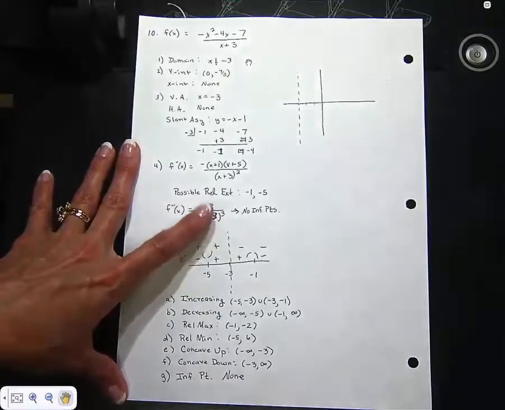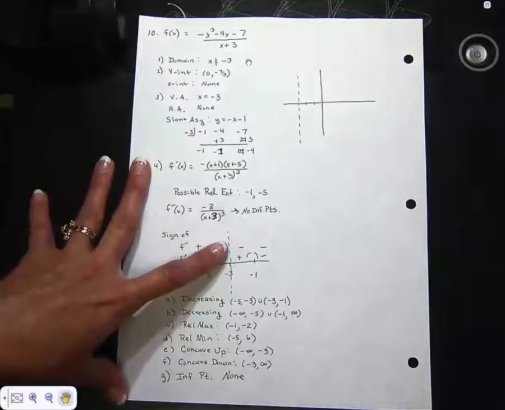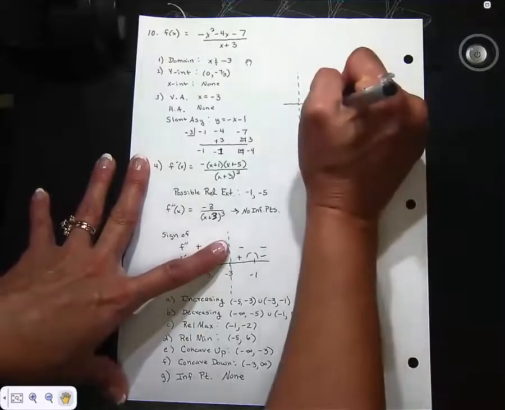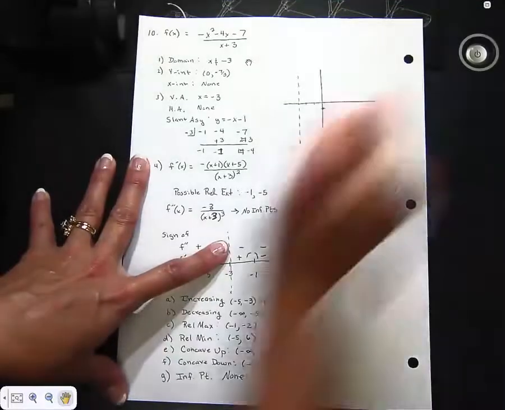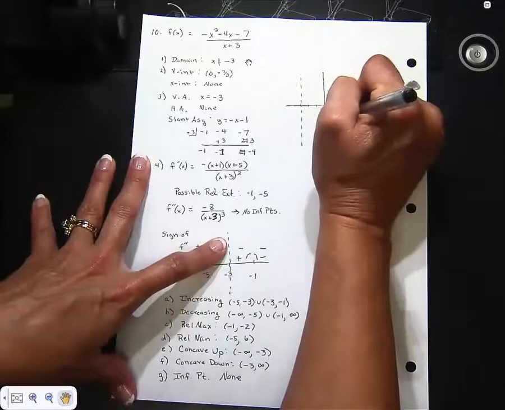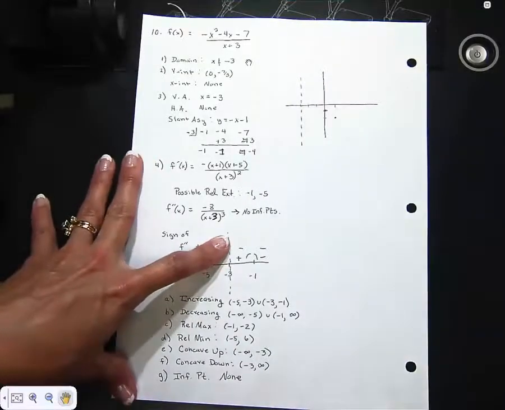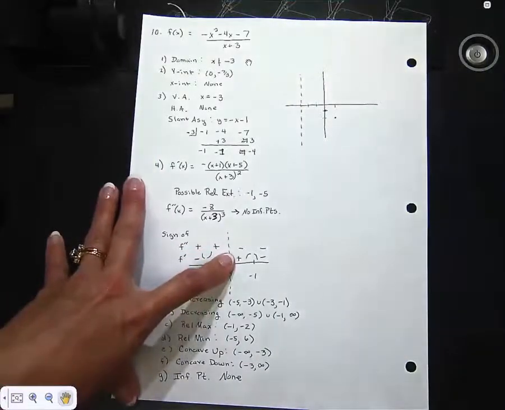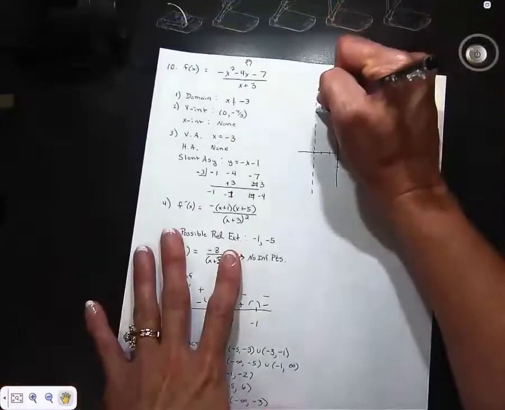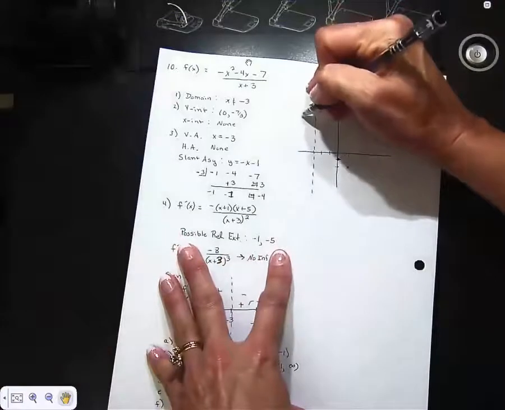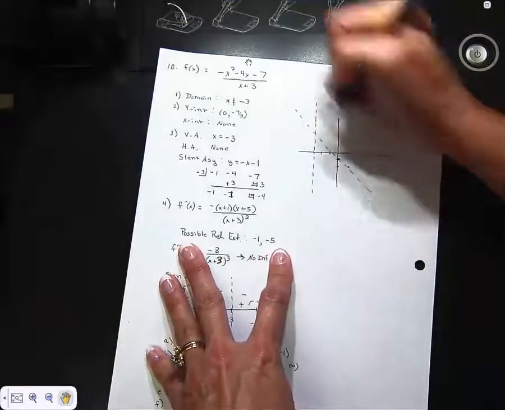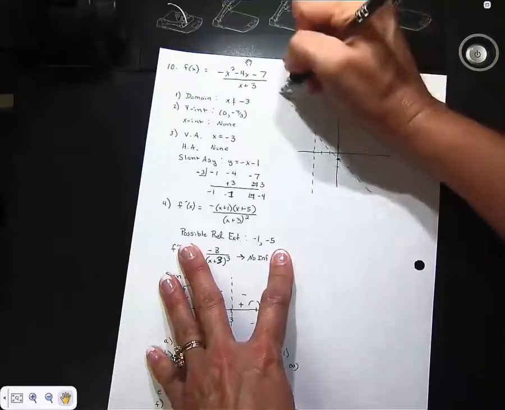And I have a slant asymptote, y equals negative x minus 1. That has a y-intercept of negative 1 and a slope down 1 to the right 1. Those aren't points on my graph. Those are points on my asymptote. And come on, straight line. Ooh. One of my better straight line days.